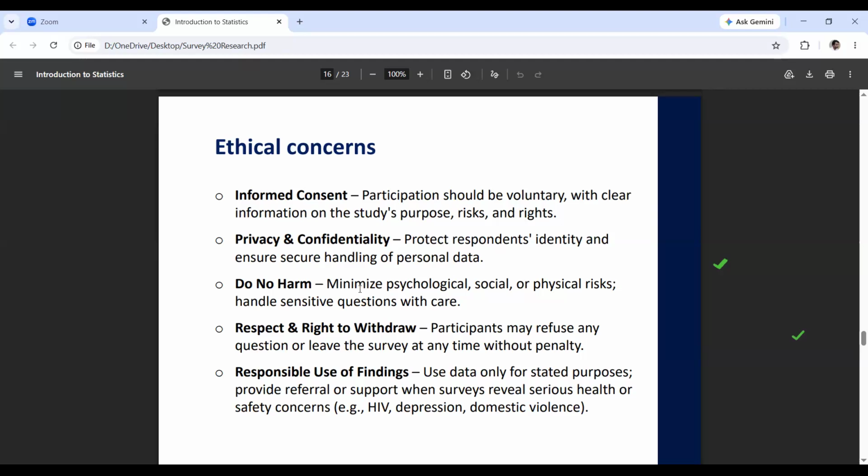Do not harm, minimize psychological, social, or physical risk. Handle sensitive questions with care.